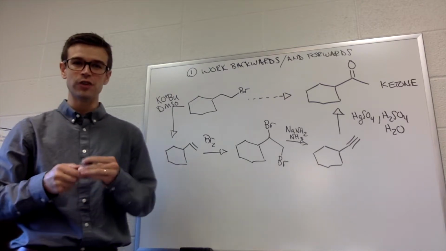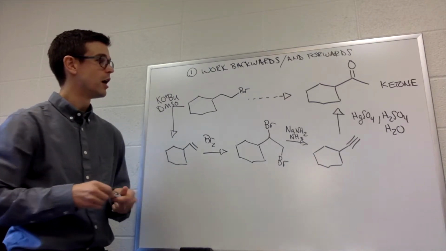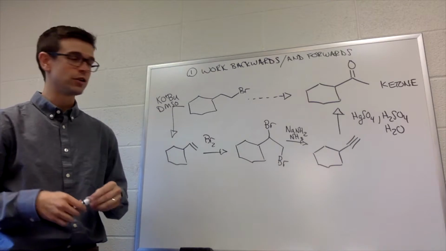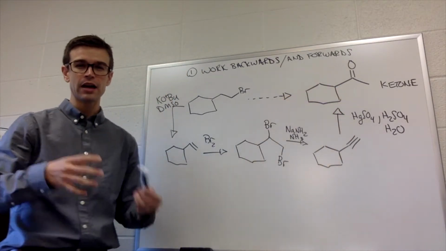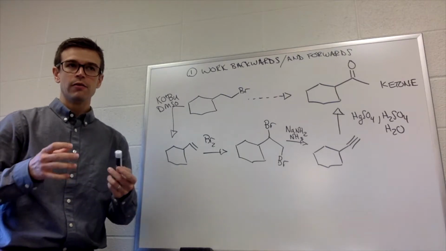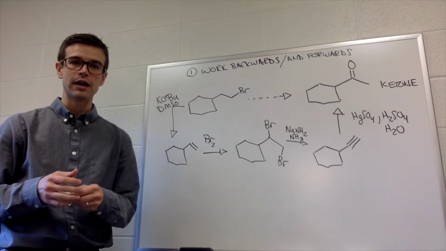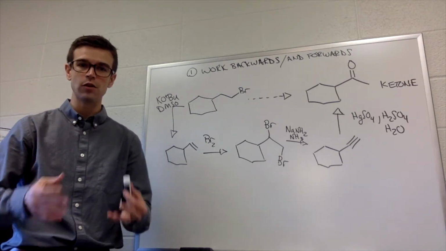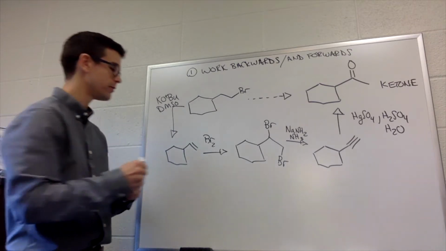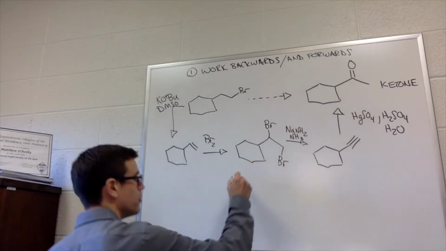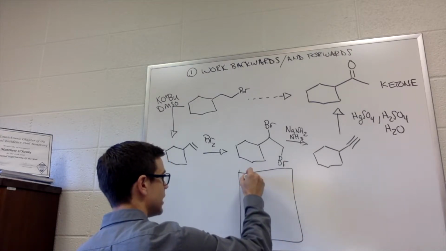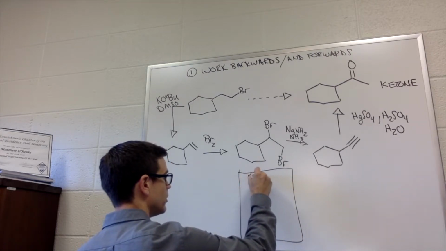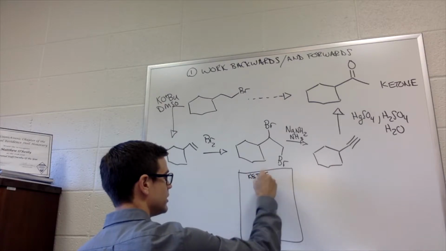How can you really train yourself to do these questions? One thing I mentioned earlier is that right now we only have one way to make ketones, and that brings up something that really successful students do in organic chemistry: make reaction sheets to organize the reactions for themselves. So for instance, right now we might have a piece of paper, and this is our reaction sheet that says ketone synthesis.